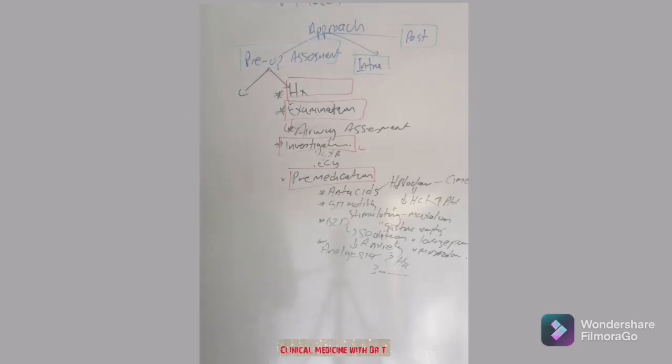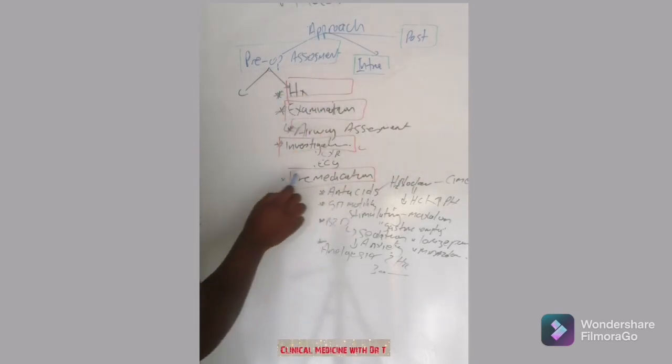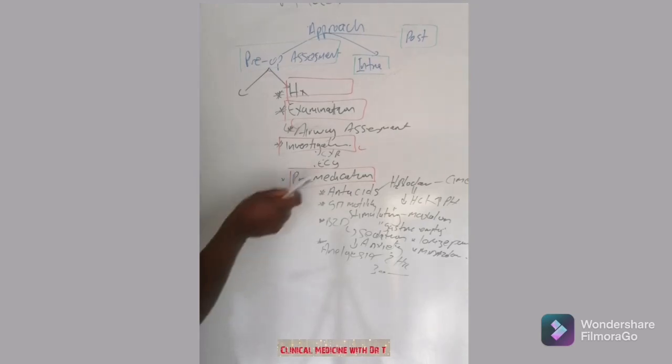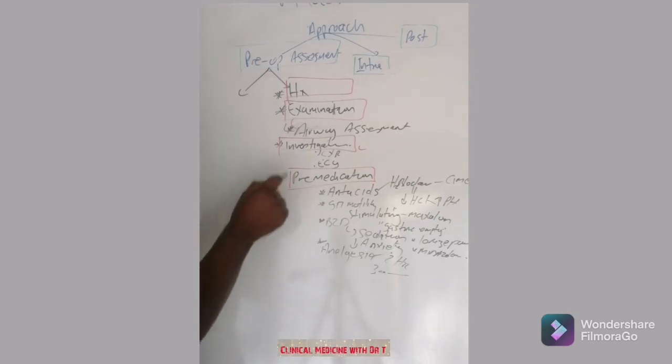Now for emergencies, yes, you quickly do this and that, and you might not have time to do all these other things, and you won't have time to stop medications that the patient is taking. Let's say someone was taking antihypertensives, ACE inhibitors, they're involved in an accident, and they took their ACE inhibitors that morning before the accident.